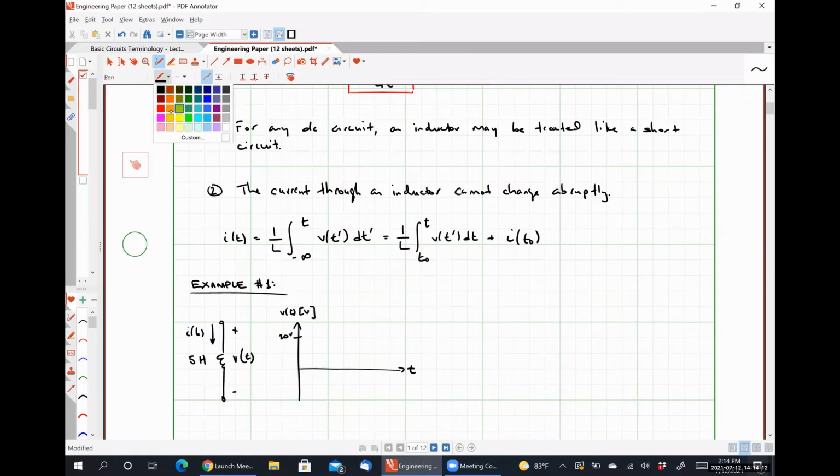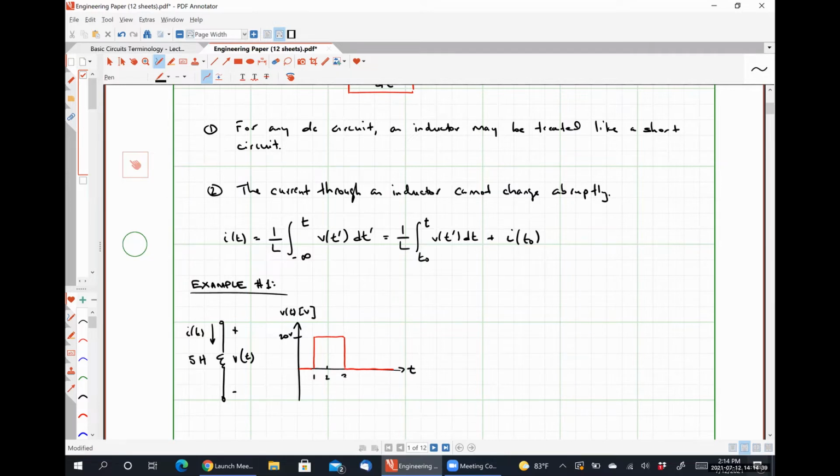So let's say that our voltage looks something like this. It is 0 until it shifts abruptly up to 20 volts. It's going to stay 20 volts, and then it's going to shift abruptly back down to 0 volts like so. And let's say that this shift up occurs at 1 second.